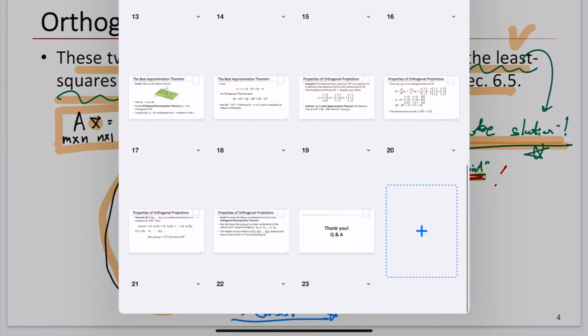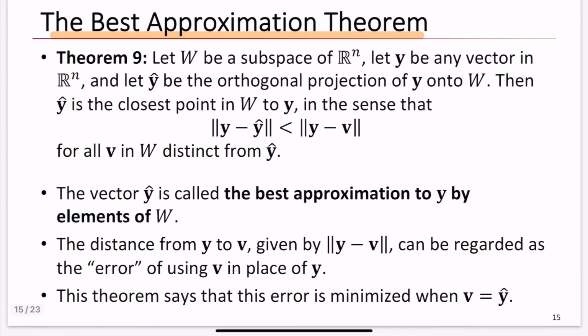Let's go back. So we can prove y hat that we discussed so far. The orthogonal projection of y onto the subspace W is the closest point by this theorem, the best approximation theorem. Let W be a subspace of R^n and let vector y be any vector in R^n.